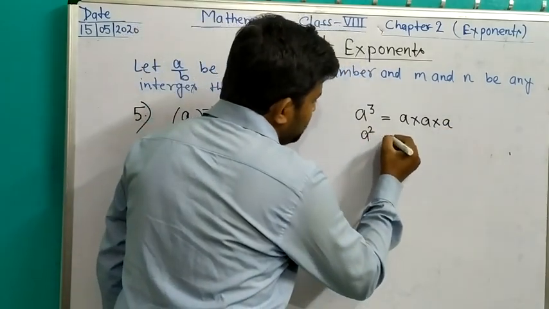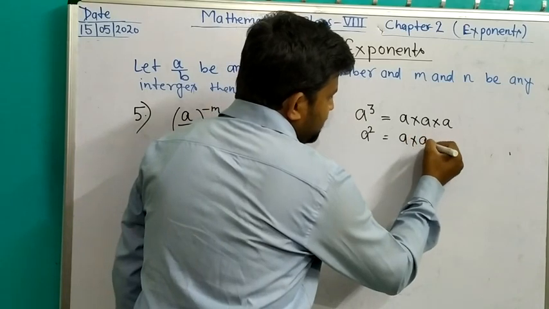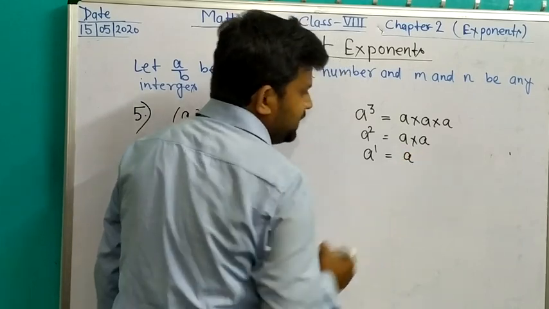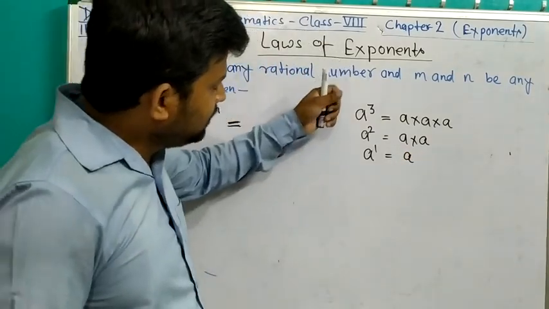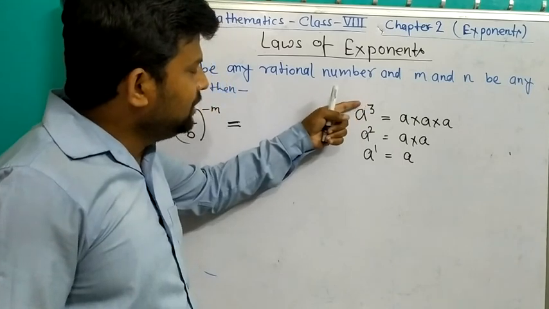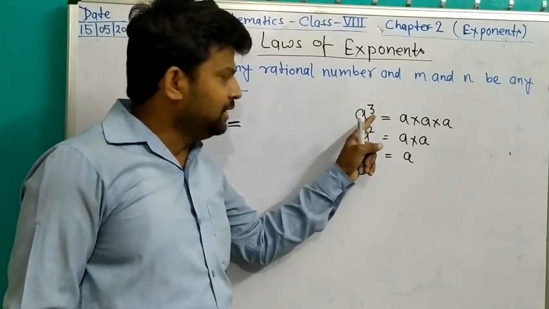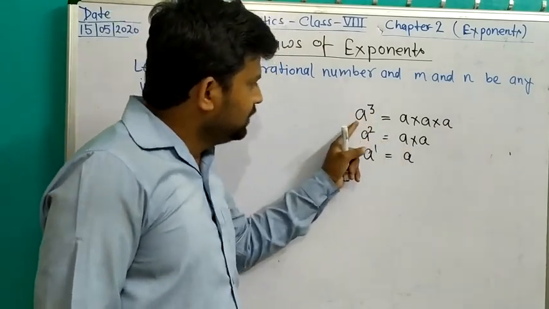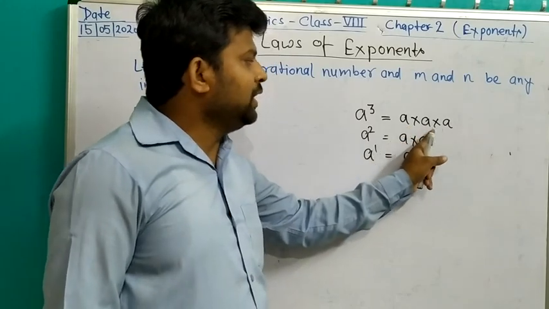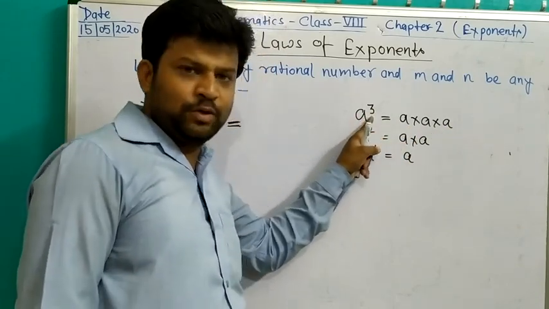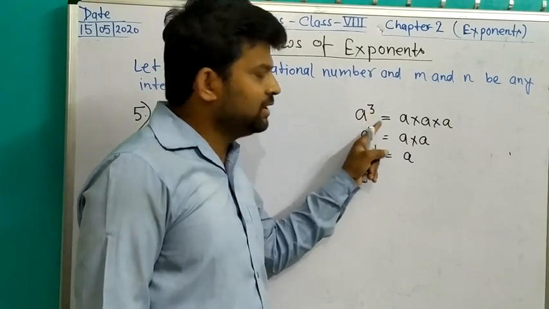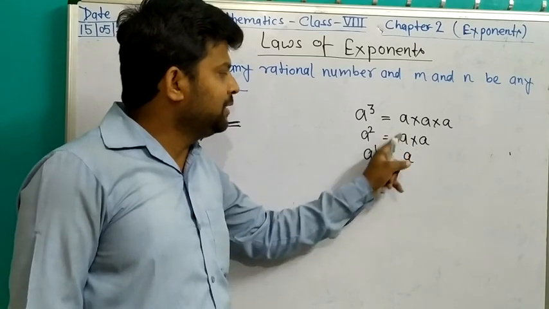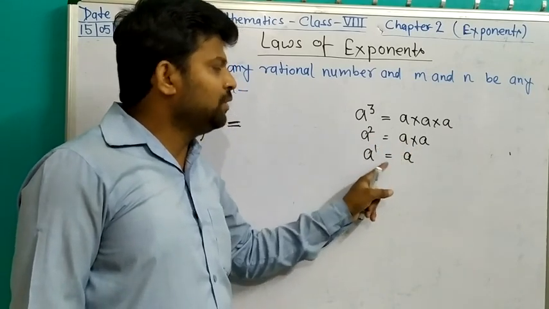When we write a to the power 2, we write a multiplied by a, and a to the power 1 is a. When the power of the base is positive, a to the power 3 equals a into a into a, a to the power 2 equals a into a, and a to the power 1 equals a.